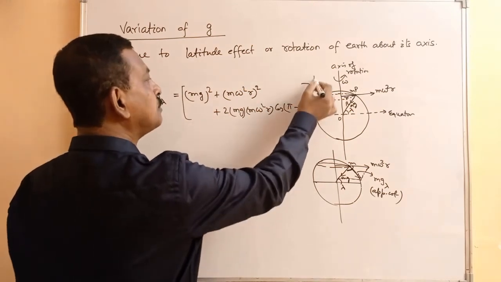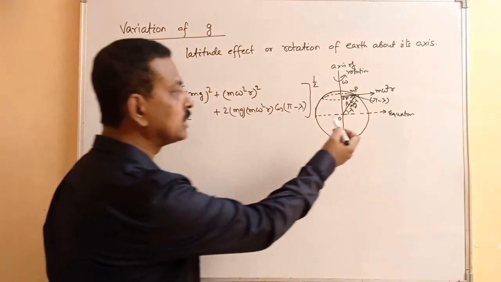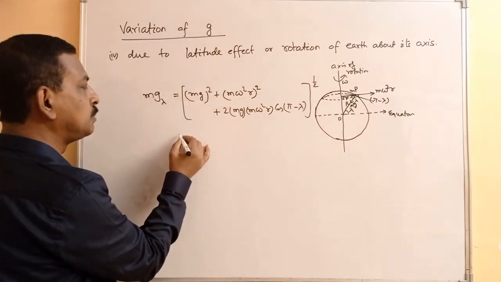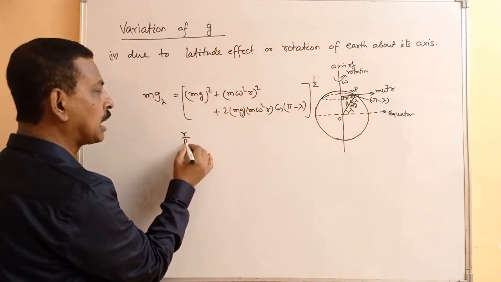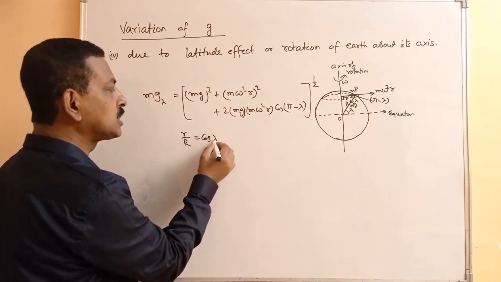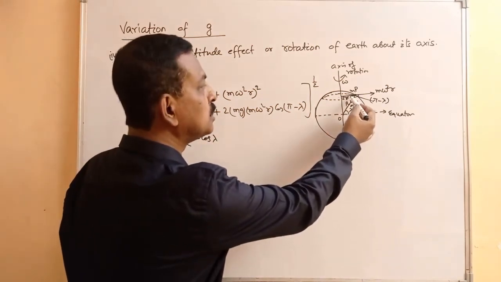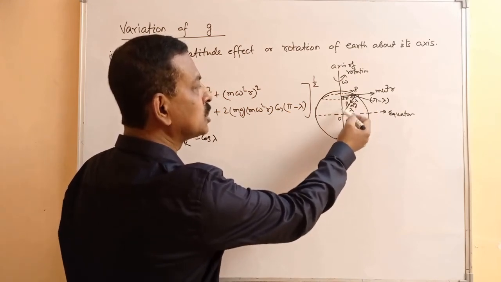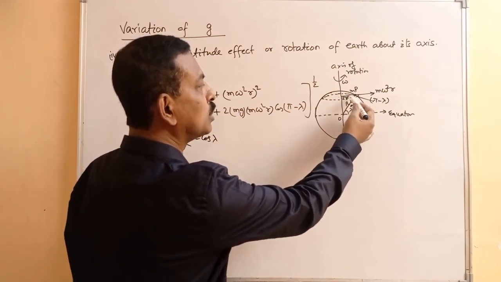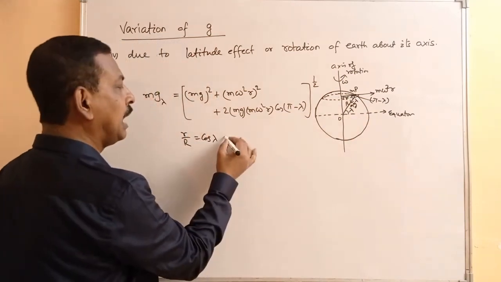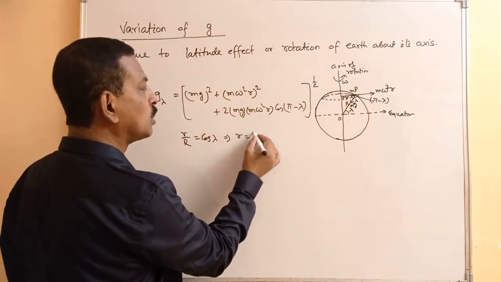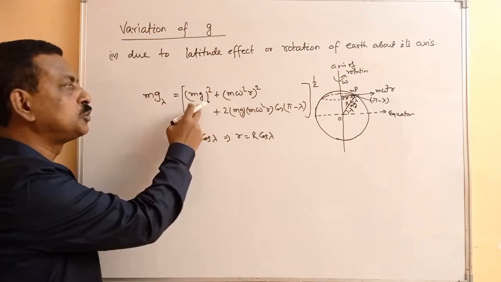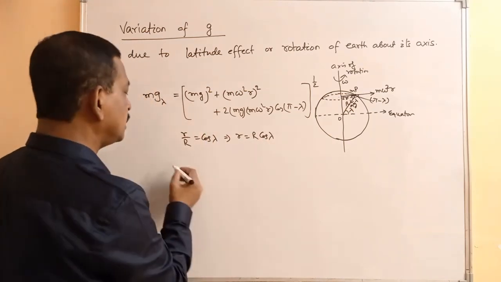Now if you consider this particular triangle, here we have small r by capital R. This is equal to cos lambda, because if this angle is lambda here, lambda is here, so this angle is also lambda. So in this triangle, cos lambda will be equal to small r by capital R, and that gives you small r equals capital R cos lambda. This we can substitute in this expression.